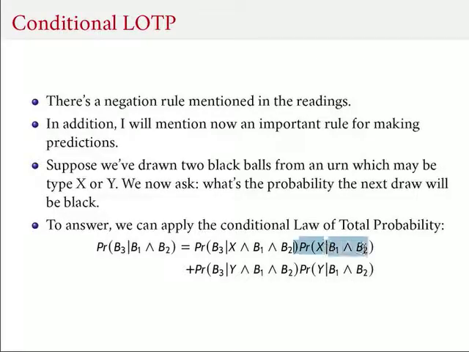To answer these questions, you apply Bayes' theorem in the way that we did earlier in this lecture. Once you apply Bayes' theorem twice to figure out these probabilities, you then ask, what's the probability of the third draw being black, given that you know what type of urn it is, and the first 2 draws were black? And that will give you these 2 probabilities.